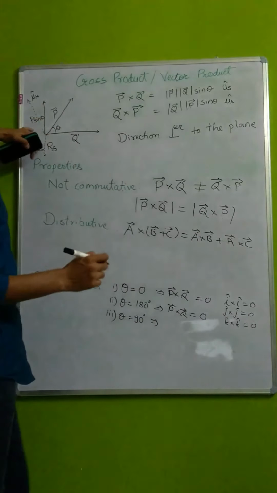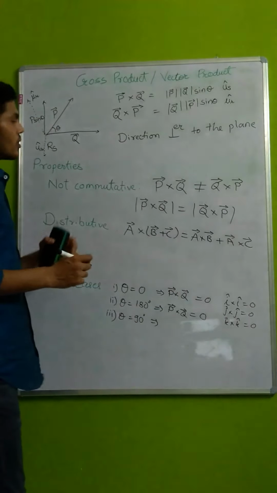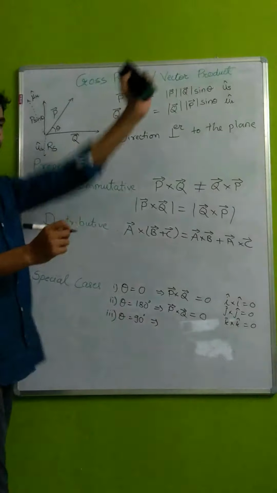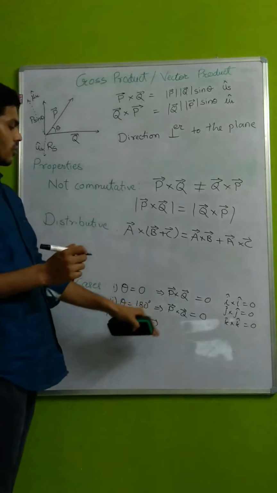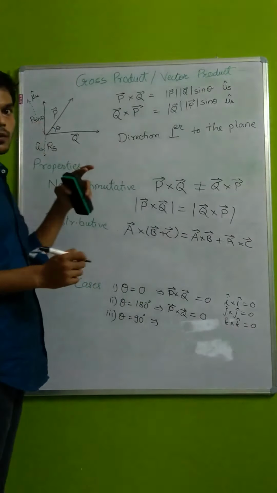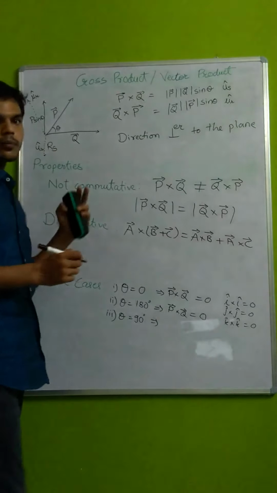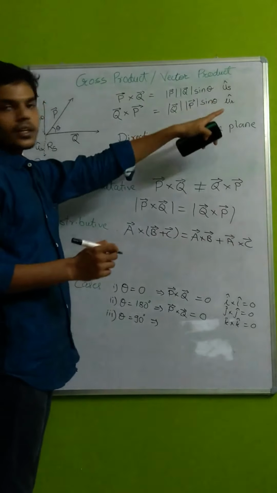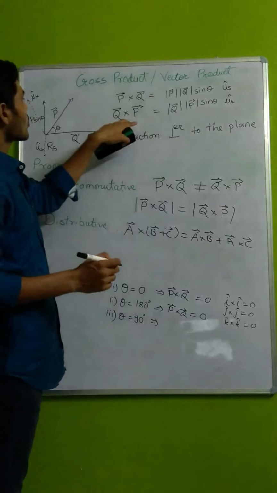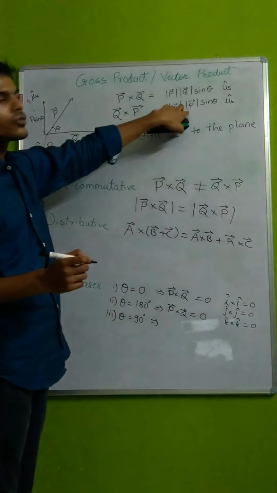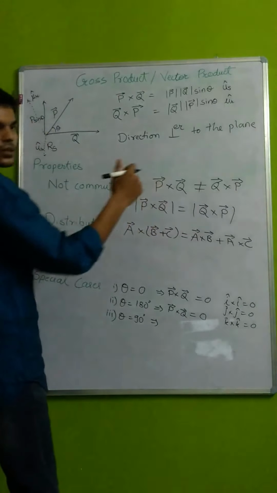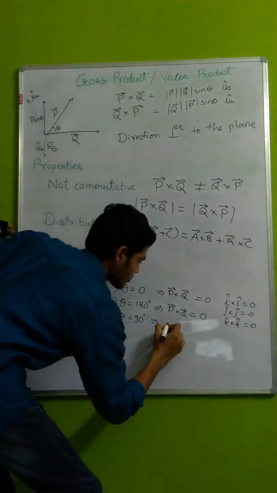As we are multiplying the perpendicular component with respect to the second vector, we don't have to find the perpendicular component because it is already perpendicular. Sin 90 is 1, so the cross product will basically be the magnitude of the two vectors in the direction perpendicular to the plane.